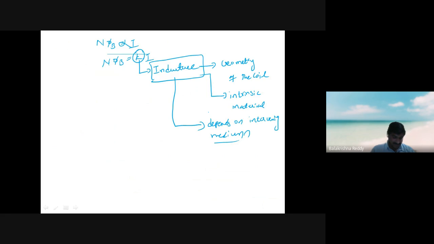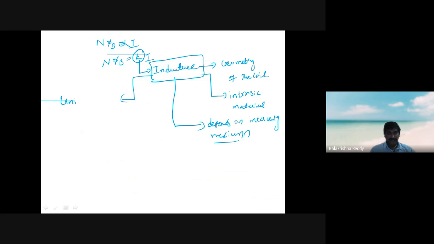Now, apart from this, this inductance also has a dimension formula and units.